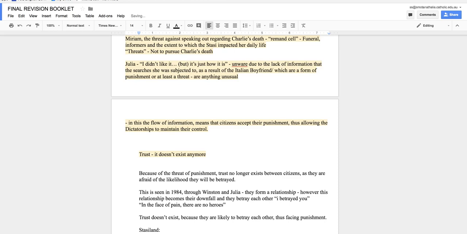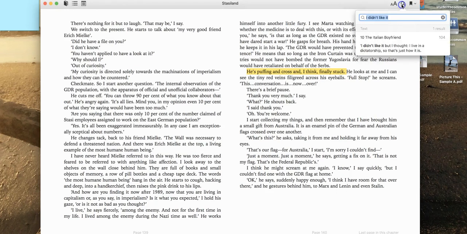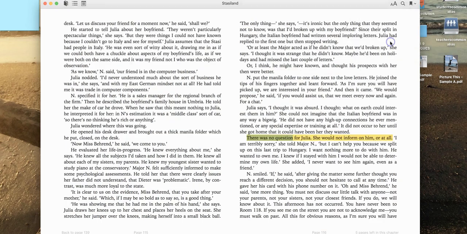They attempt, by they I mean the Stasi, to make her inform on the boyfriend. And I can't remember what the threat was. And of course, if you were in the same boat, you would go back and find it. "There was no question" is the quote.